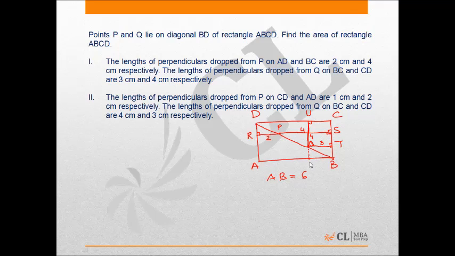If I extend the line and let's say it meets at the point V, I can understand that if QU is 4 and Q is a midpoint of BD, QV also has to be 4, which means BC has to be 8 units. So multiplying 6 into 8, I can get the area of the rectangle, which means that we can answer with the help of statement 1 alone.